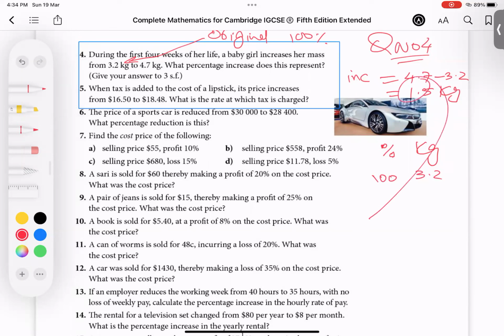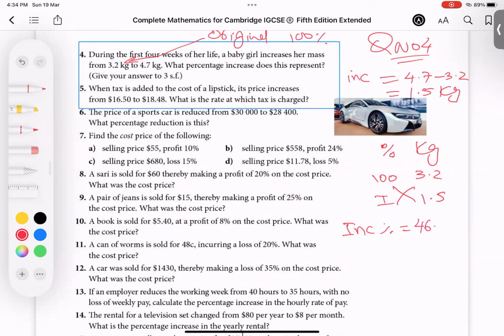And 1.5 kilograms stands for the increase, so how much percentage? Let's cross multiply: this multiplied with that and divided by 3.2. I believe the point is very clear. Now I'm just calculating: 1.5 times 100 divided by 3.2. So we get about 47 percent. How much percentage increase?